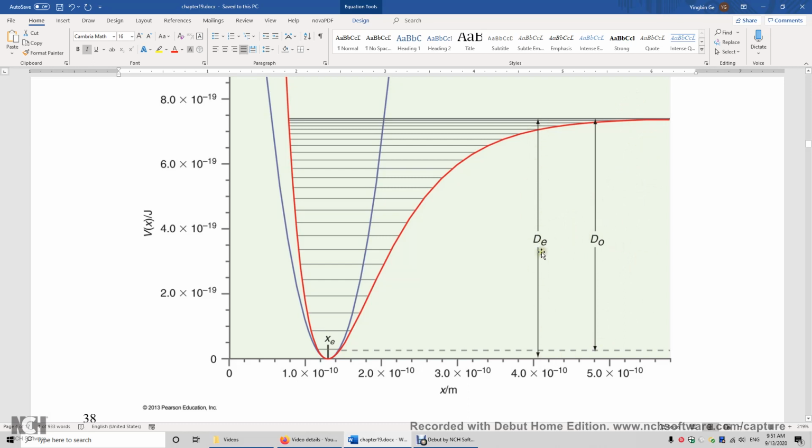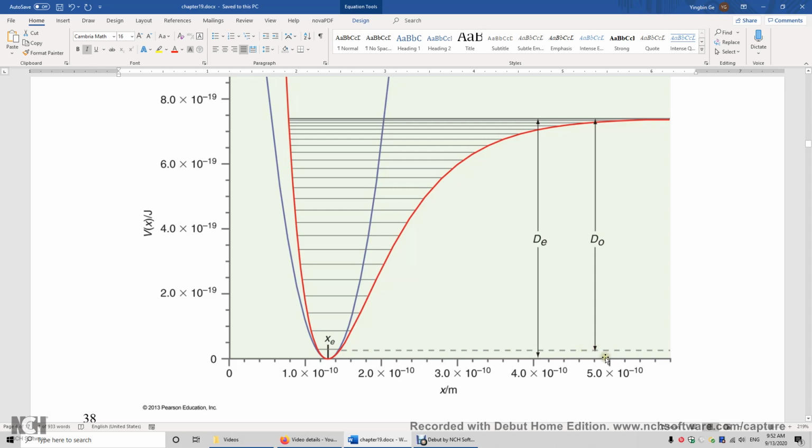So why do we need these two different definitions? Okay, again, d sub 0 corresponds to the bond energy. So it's the amount of energy required to break a bond, right? But I'm going to tell you that the bond intrinsically has this amount of energy already, roughly half h nu.